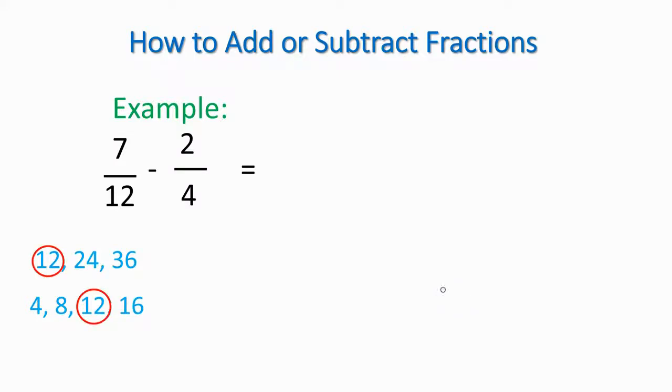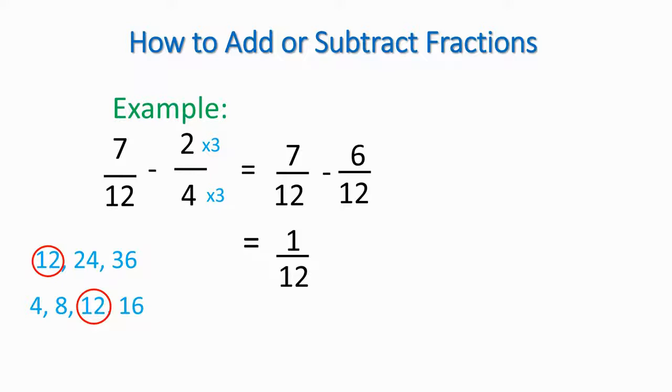So the first fraction is already 12, so you just copy that, do not do anything to it. But for the second fraction, you want to make the denominator into 12, so you multiply that by 3. So 4 times 3 gives you 12, and 2 times 3 gives you 6. Copy the common denominator, which is 12, and then subtract the numerators. 7 minus 6 gives you 1.